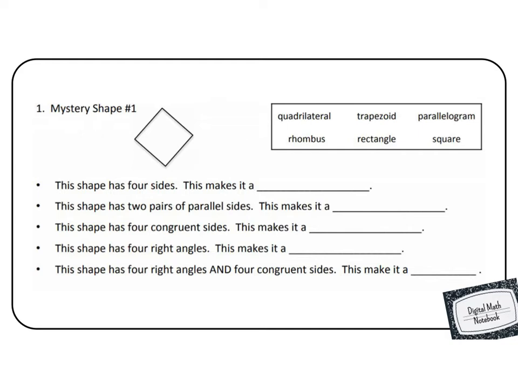The first thing that it says is that this shape has 4 sides. 4 sides means that it is a quadrilateral. The next one says this shape has 2 pairs of parallel sides. Remember that word parallel is in it. This is a parallelogram.